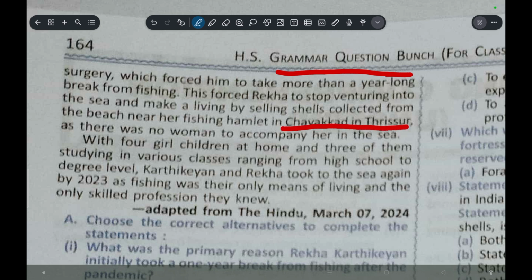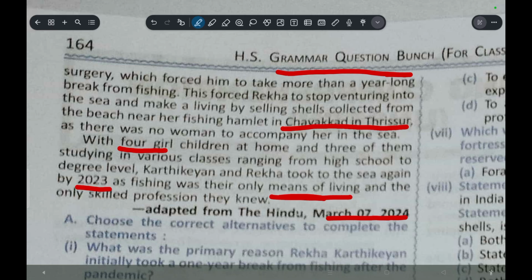As there was no woman to accompany her in the sea, with 4 girl children at home, and 3 of them studying in various classes ranging from high school to degree level, Karthikeyan and Rekha took to the sea again by 2023, as fishing was their only means of living and the only skilled profession they knew. Adapted from The Hindu, March 7, 2024.